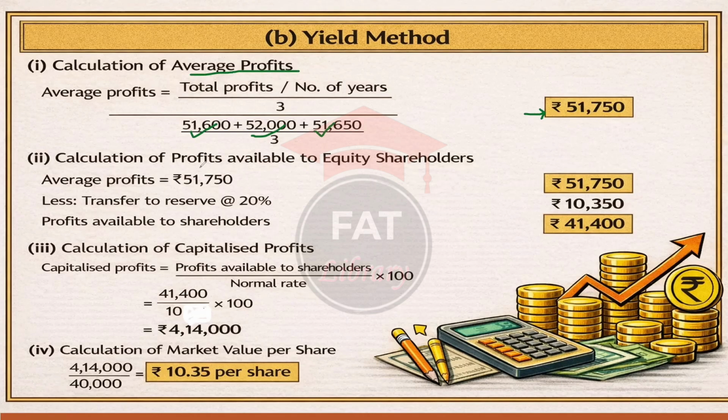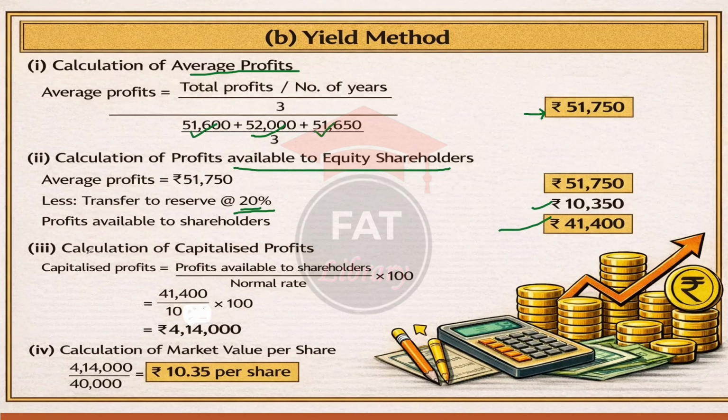Then the calculation of profits available to equity shareholders. How do we calculate it? The average profit given is 51,750, less transfer to reserve. As in the question, 20% will be transferred as reserve, so 10,350 we are deducting, and the remaining balance we consider as profit available to shareholders.